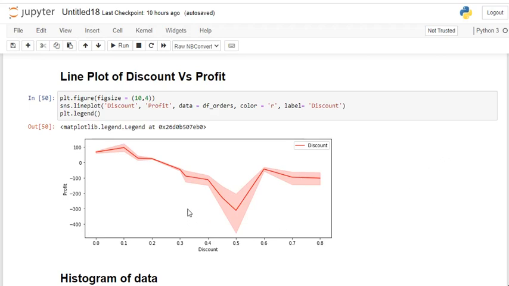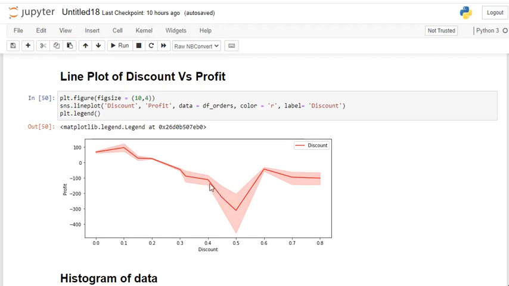Wherever the discount is 0.5 and 0.4, and if no discount is given on the product, the profit is between 0 and 100, and if the discount keeps on increasing up to 0.4, the profit is minus 100. Up to 0.3 the profit is between 0 and minus 100.